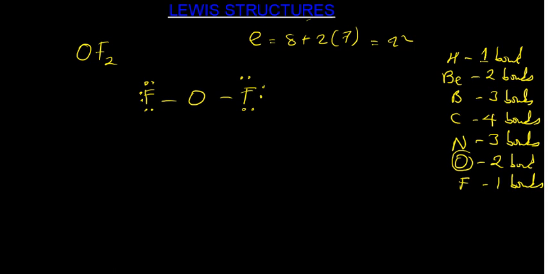So that is 16. Now from 22 we remove 16. So okay, let's recount the electrons. We've got 2, 4, 6, 8, 10, 12, 14 and also 16.